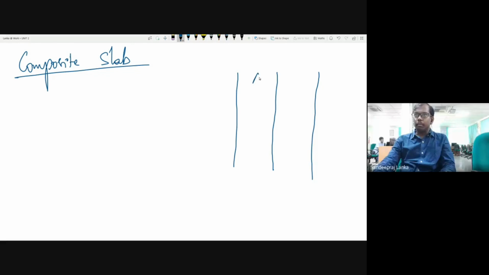This is wall A, this is wall B, and there is a temperature drop here, and there is a temperature drop here. Let me call this T1, T2, and this one T3. This has thermal conductivity Ka, this has thermal conductivity Kb, and this has thickness L1, and this has thickness L2.